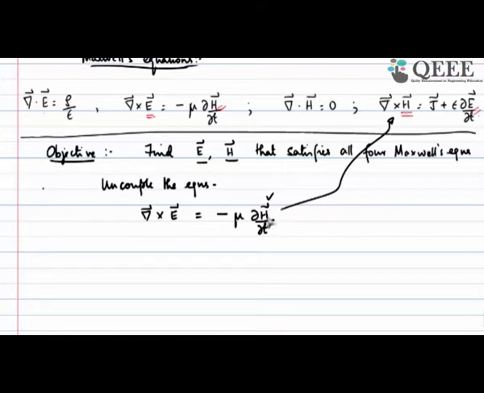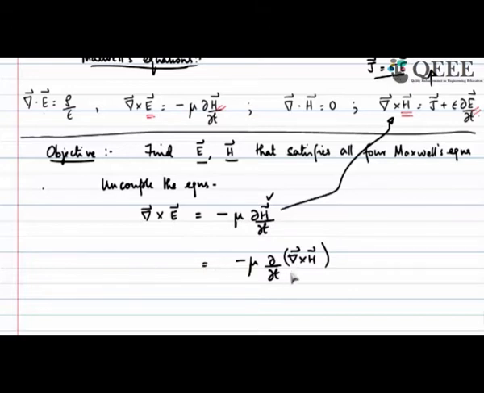So I want to be able to substitute for curl of H in terms of E. So I want to get something like del by del t of curl of H on the right side, so that I can substitute this in terms of E. By the way, my J is sigma E, which is my Ohm's law.